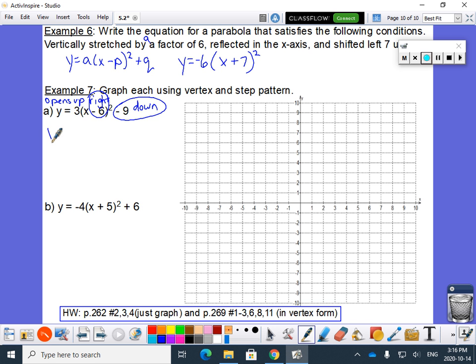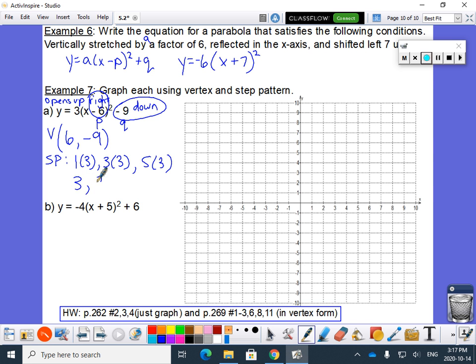Okay, so graph using vertex and step pattern. Well, right away, what's our vertex? You'll look to the P and Q values, and we know that P is positive 6. Don't let that negative confuse you. Remember, it's opposite. And negative 9. The step pattern, well, A is 3. So we have to do 1 times 3, 3 times 3, 5 times 3.